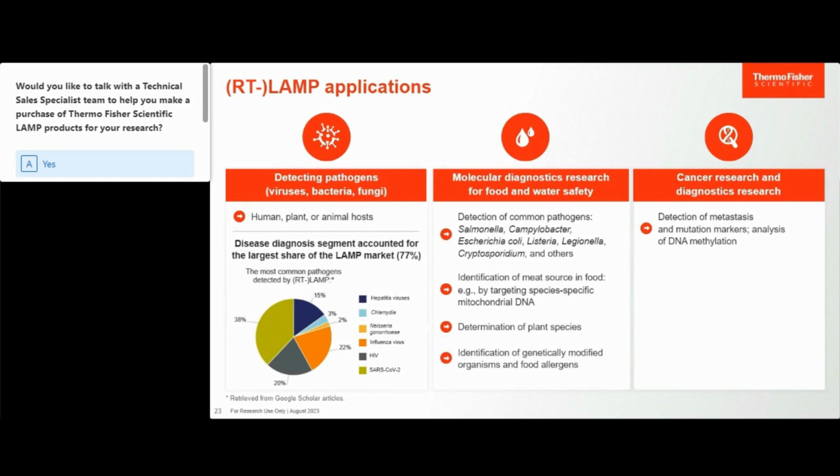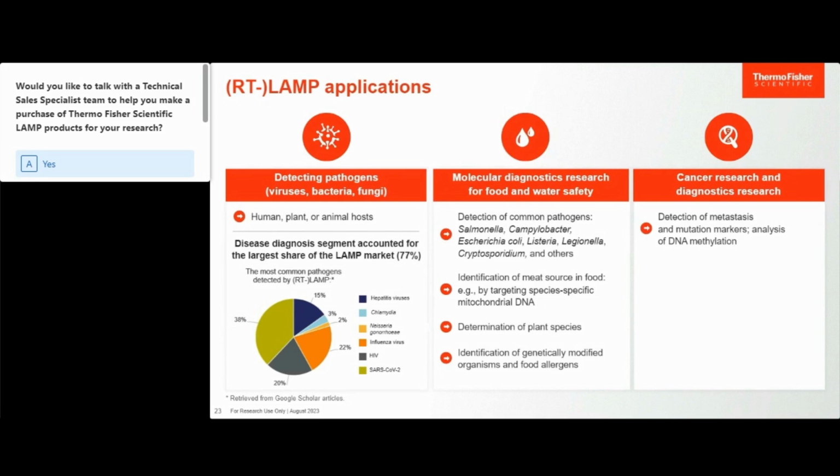In terms of molecular diagnostics research for food and water safety, the most common pathogens are Salmonella, Campylobacter, Escherichia coli, and others. LAMP technology is also used for the identification of meat sources in food, for example, by targeting species-specific mitochondrial DNA.